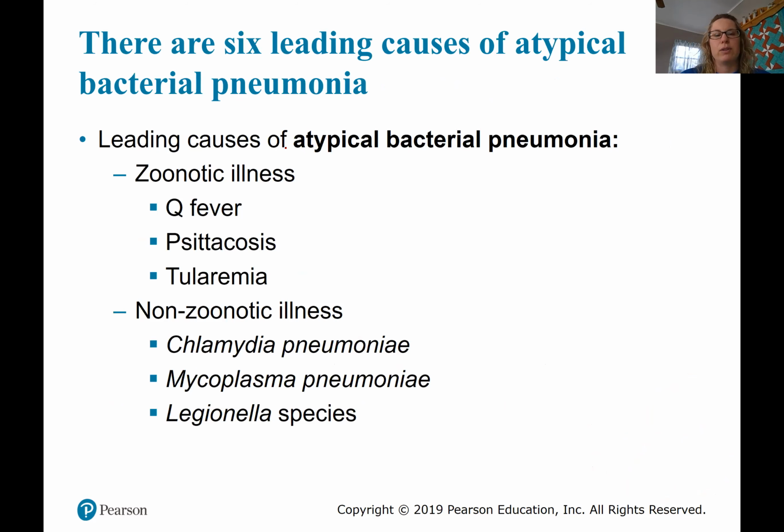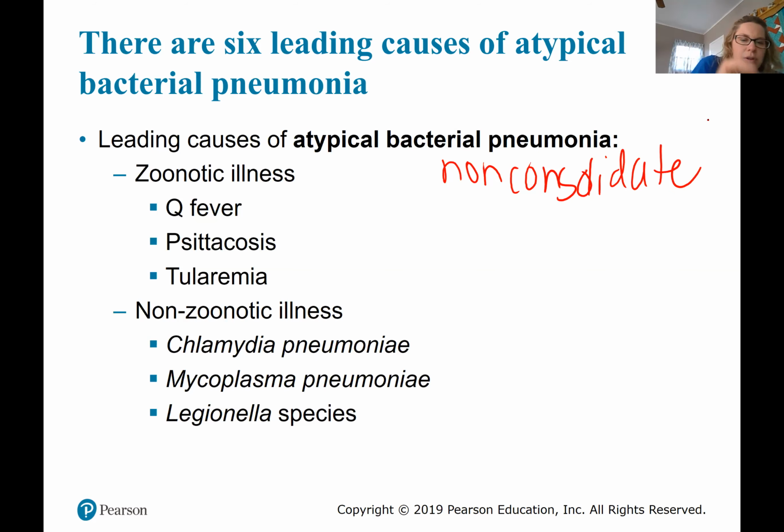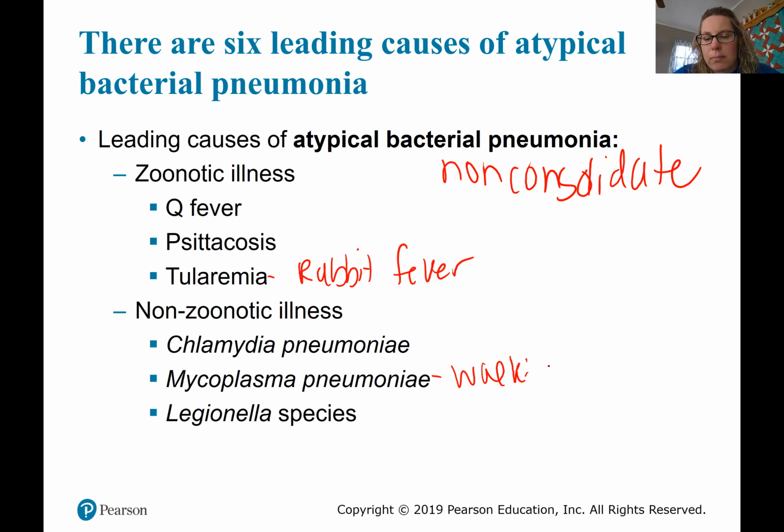I just wanted to give you some examples of the atypical non-consolidated pneumonia. Q fever, tularemia is rabbit fever, if you've ever heard of that. Walking pneumonia. It's caused by Mycoplasma pneumoniae.